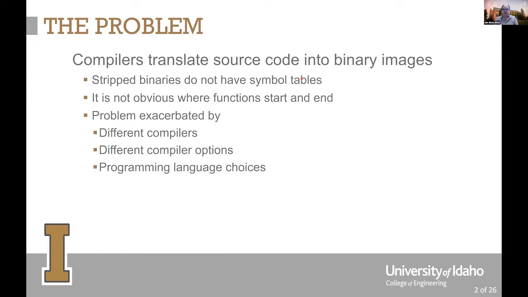The problem is exacerbated if we use different compilers, different architectures, or different compiler options like optimization options. The common ones people look at are O0, which is no optimization, and O1, O2, O3, which give different levels of optimization. Even your programming language choice matters: compiling C, C++, Fortran, or some other language. So having a general purpose tool that can do this analysis is a tricky thing.